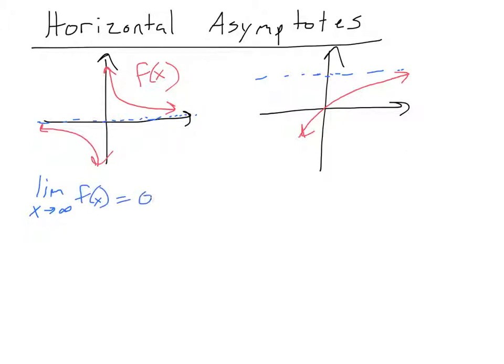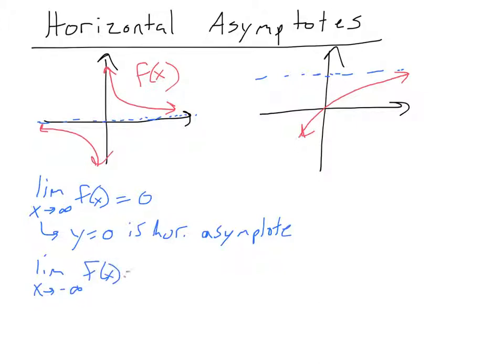So then the line y equals 0 is a horizontal asymptote. And on the other hand, as x goes to negative infinity, that's also the case. The line y is equal to 0 is a horizontal asymptote of the function.